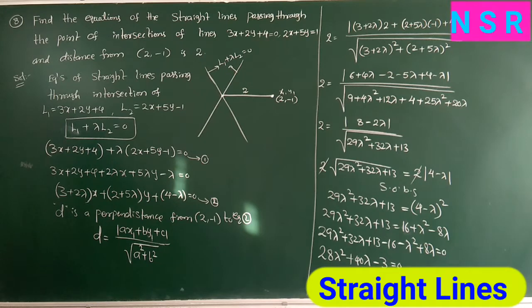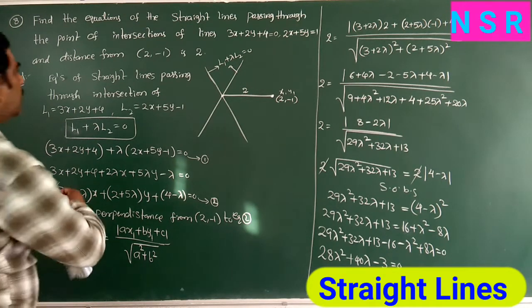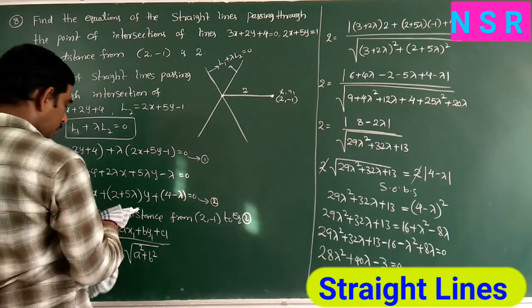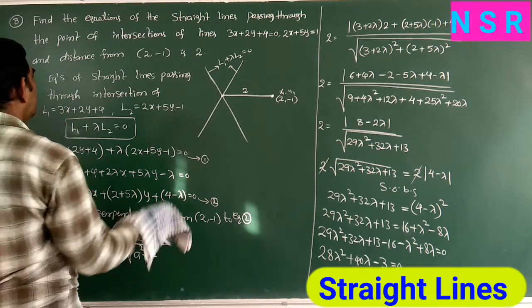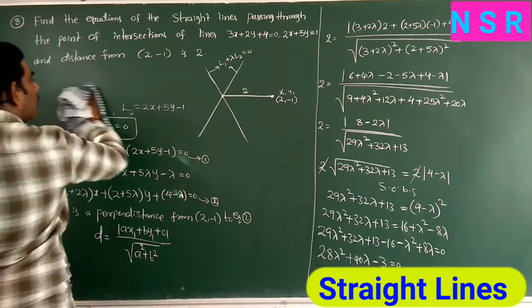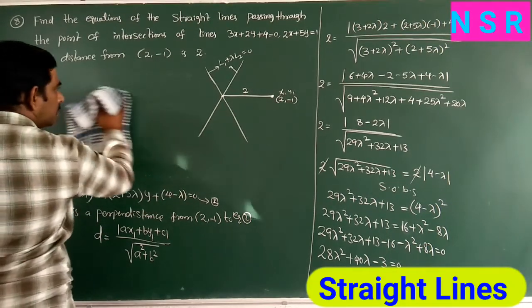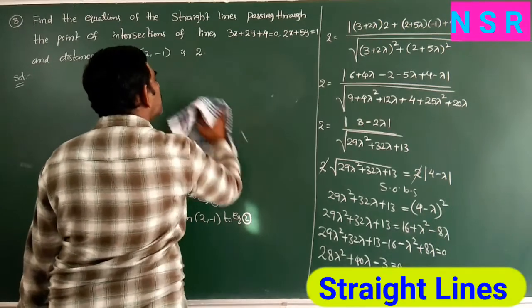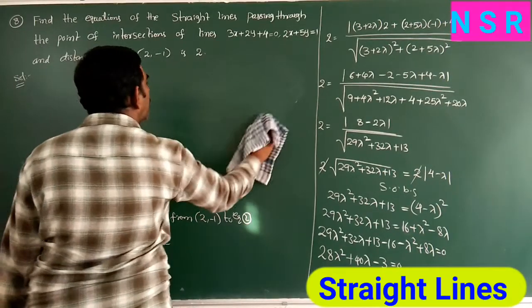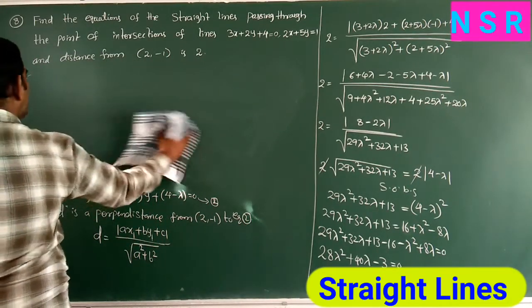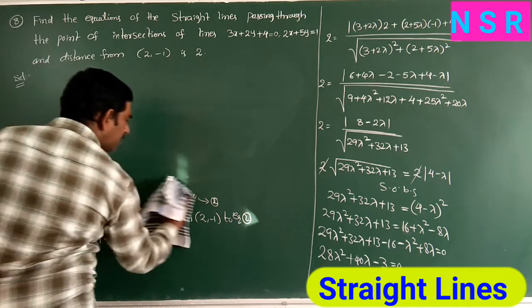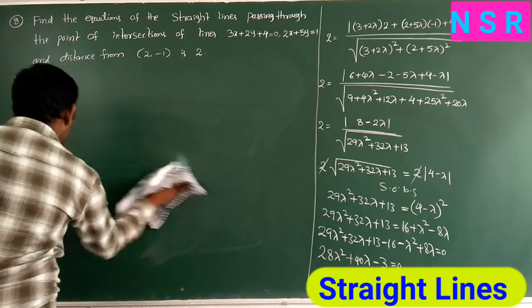Now apply the roots formula. So if we have ax square plus bx plus c form, we have to find roots here. So how to find roots? First split it. If it is not possible, simply use this formula. What is that formula? Minus b plus or minus under root of b square minus 4ac by 2a.